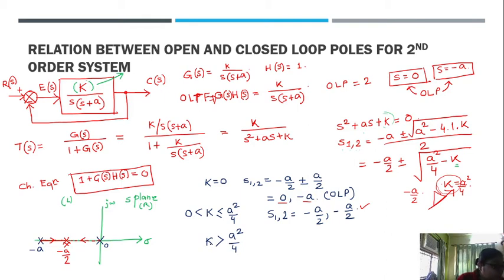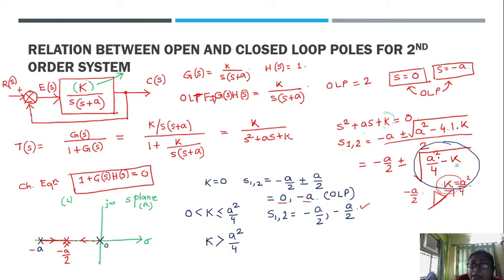If I take k greater than a square by 4, you can understand that this part is becoming imaginary.